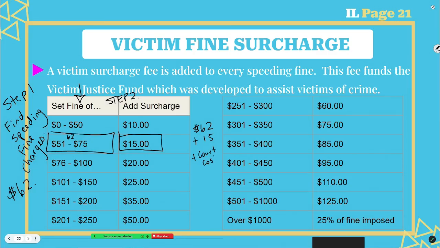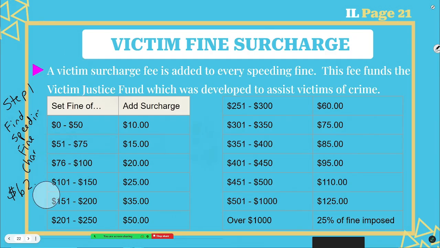And then you'll see on the next slide we have to add the court cost. So step 1, find your speeding fine charges. Step 2, find where your victim fine surcharge lands. You'll see the table listed on the bottom of page 26. I have it here on the board that if your fine is just $0 to $50, your surcharge is $10.